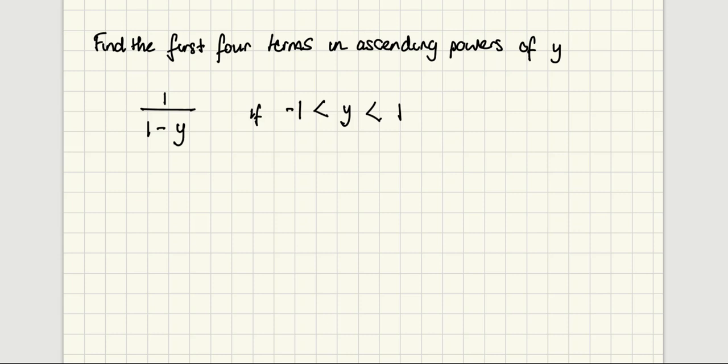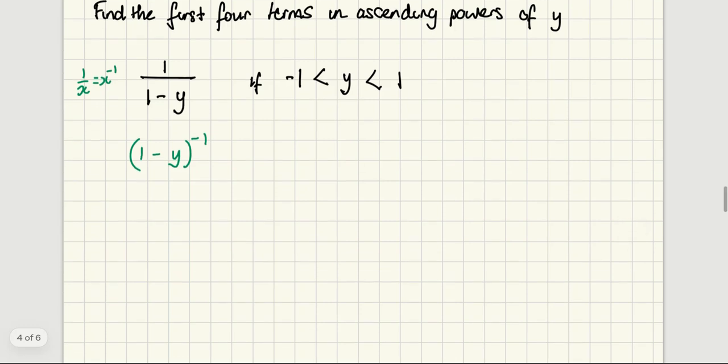So we've got to write it in a form that we can deal with, haven't we? Which means this is going to be 1 minus y to the power of negative 1, because 1 over x is x to the minus 1. Yeah, you're right. So we can put it in that form. Now we've got it in the binomial raised to a power. We don't have a positive power, so we wouldn't be able to use our previous one.